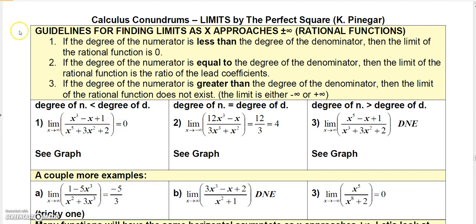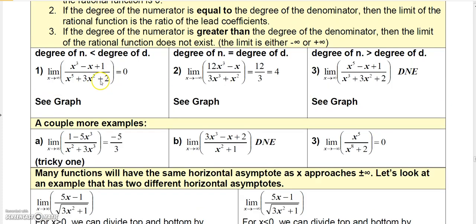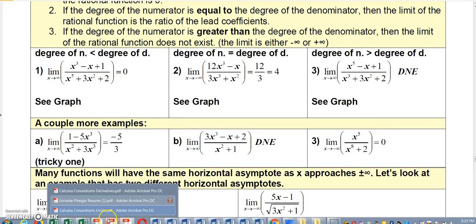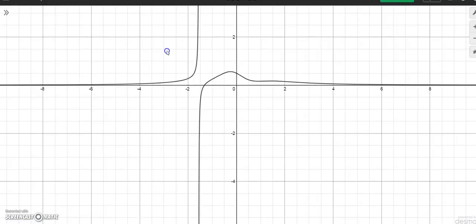And it says see graph. Let me show you the graph. Okay, so I want to show you the graph of this function. This is the graph of this function. Now notice here, as x goes to positive infinity, see that the y values get closer and closer to 0.